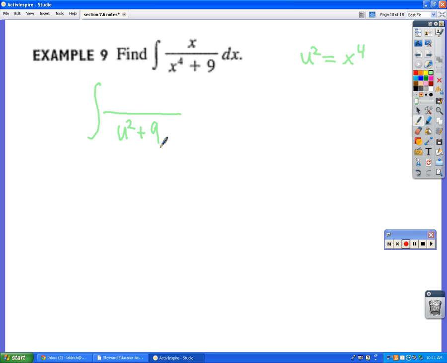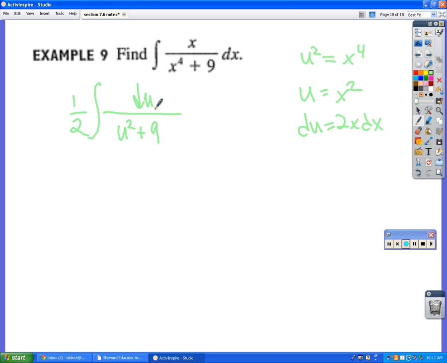If u squared equals x to the 4th, then u equals x squared, and du is 2x dx. That's why they threw this x in here, because we have an x in our derivative. So we put a 1/2 outside, and x dx just becomes du.